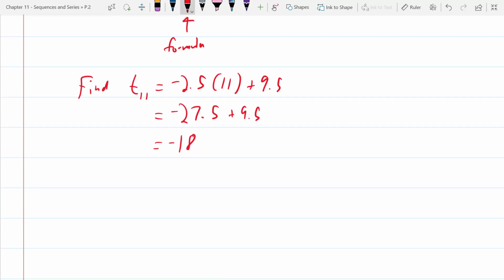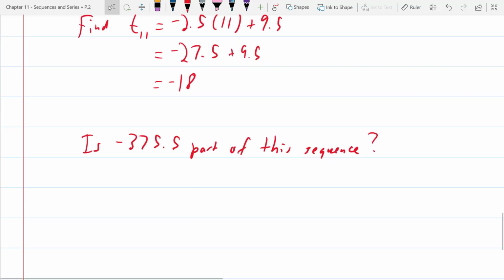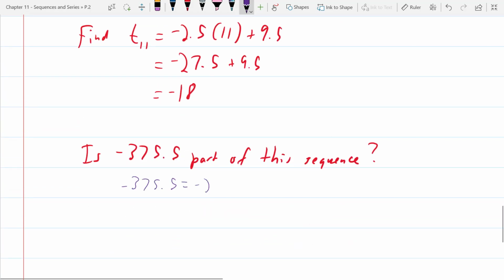I could ask you the question, is negative 375.5 part of this sequence? And we could say, okay, so I'm going to let negative 375.5 be equal to this formula, negative 2.5n plus 9.5.